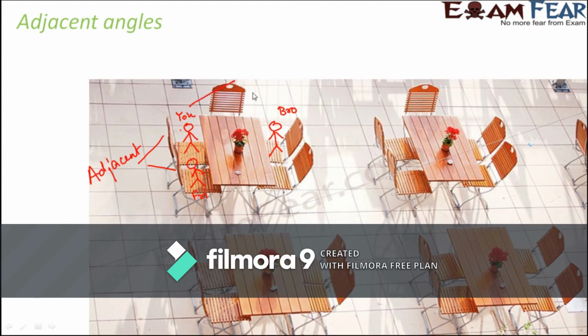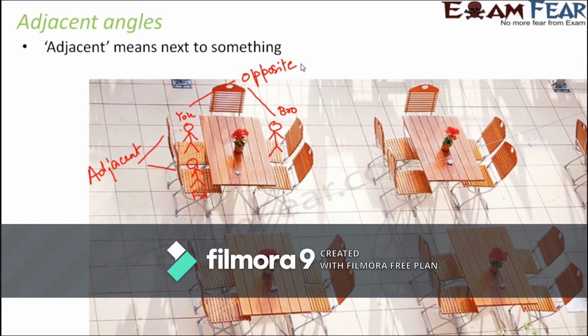And when two persons are sitting opposite to each other, they are said to be sitting opposite. So here we are going to talk about adjacent angles. The word adjacent means next to something, whether it is you and your friend sitting next to each other, or some angles which are sitting next to each other. So two angles just beside each other are termed adjacent angles.